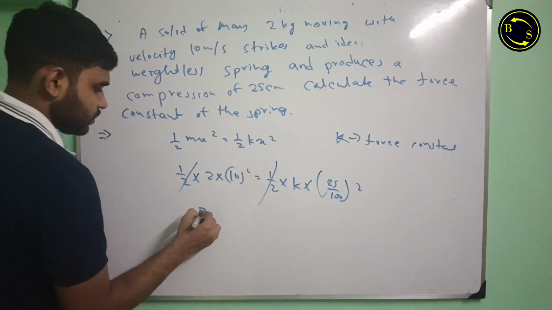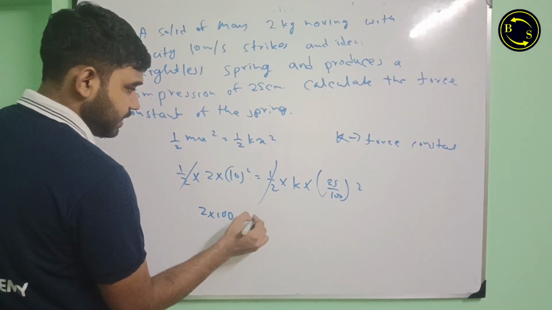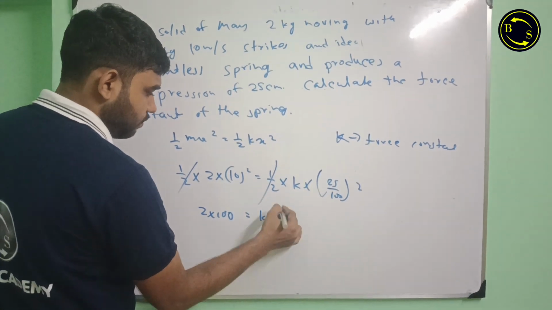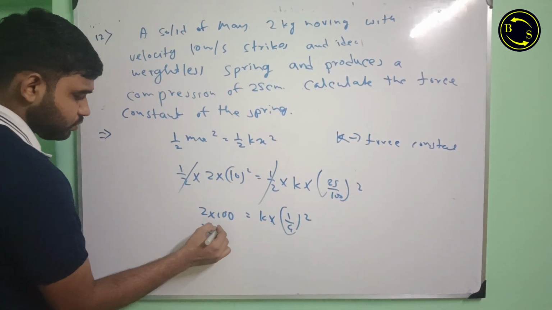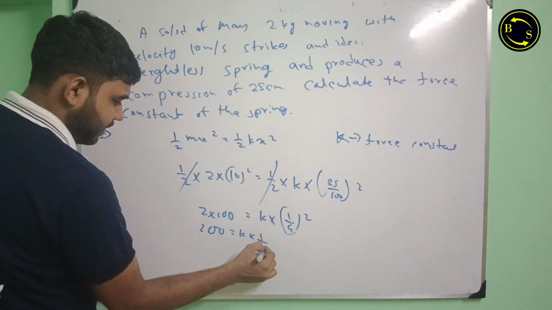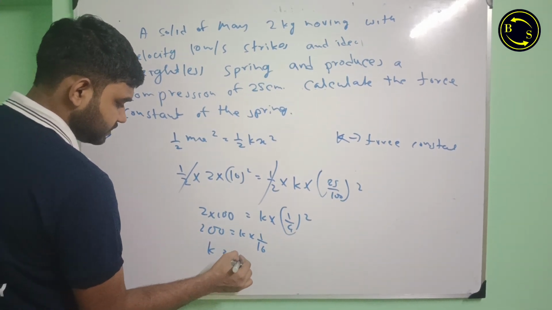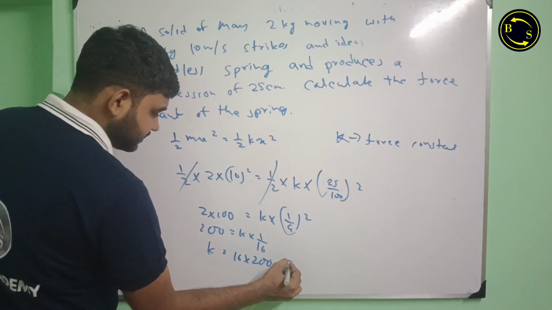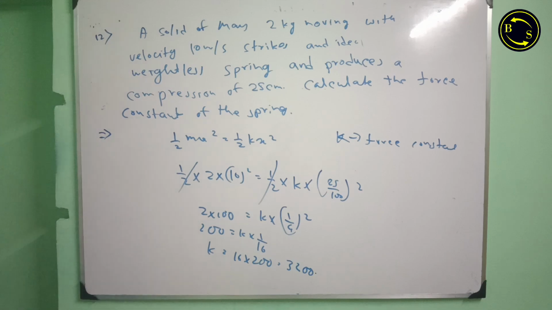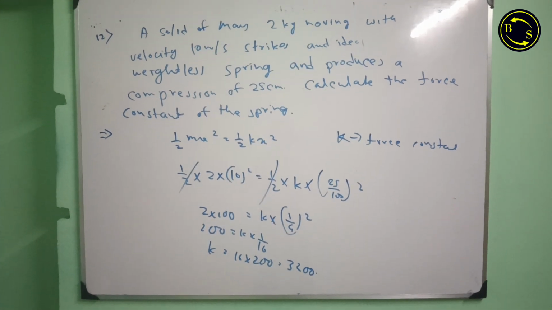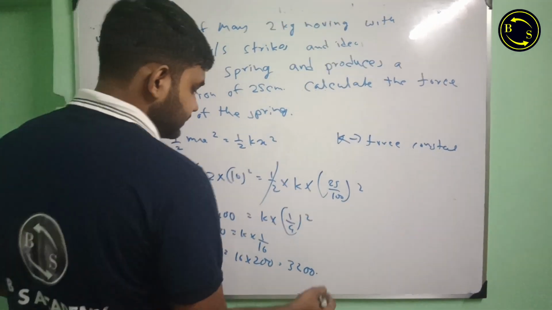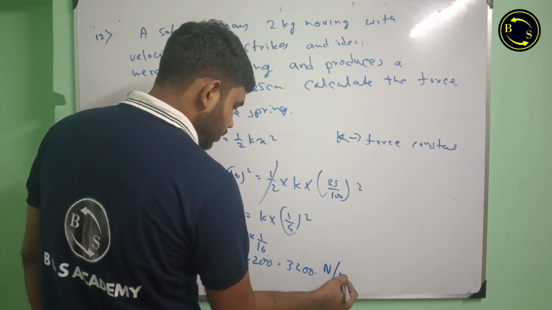Then 2 into 100 gives us k into 1 by 4 whole square. 200 equals k into 1 by 16, then k is equal to 16 into 200, which gives us 3200, and the unit of this force constant is Newton per meter.